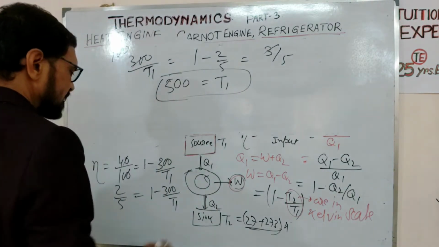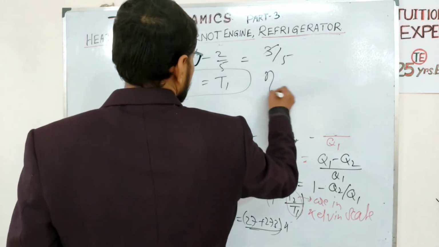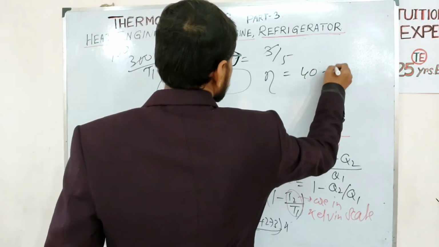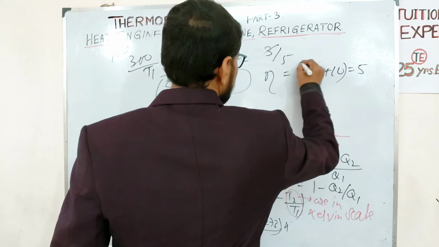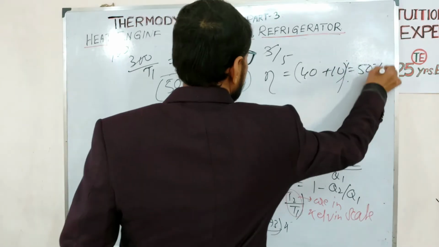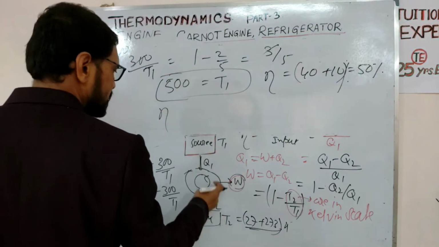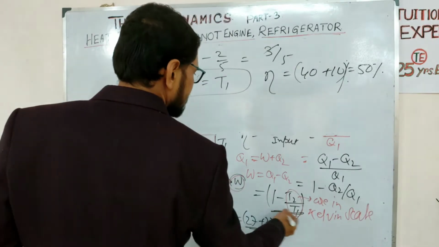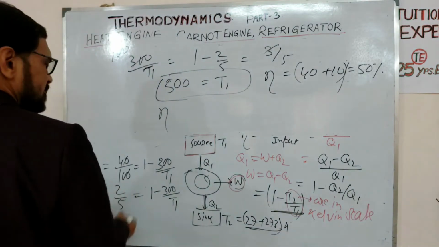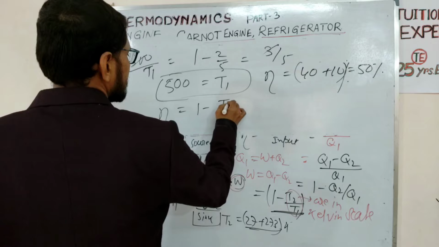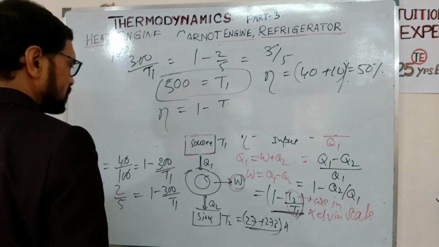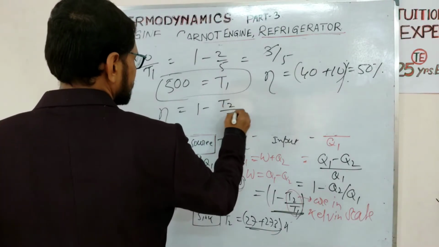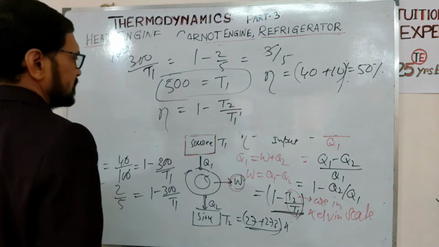Now in the second step, the second efficiency will be 40 plus 10, that is 50%. So again we use the formula: efficiency equals 1 minus T2 by T1. Now the source temperature is supposed to be T1 dash.